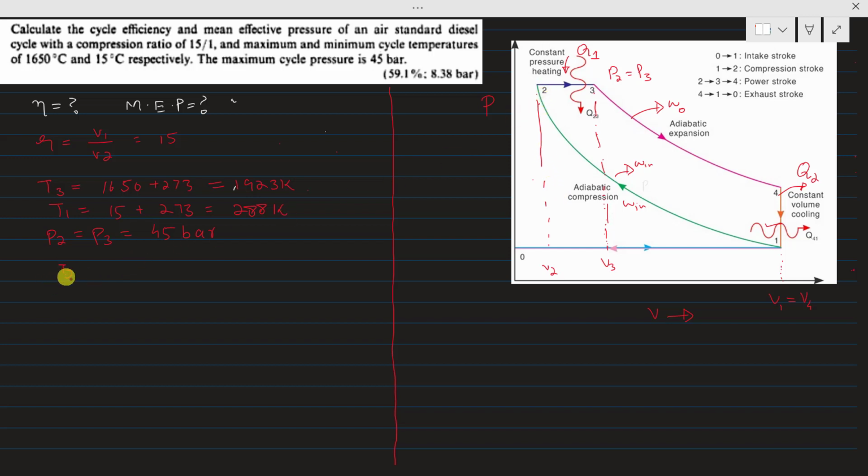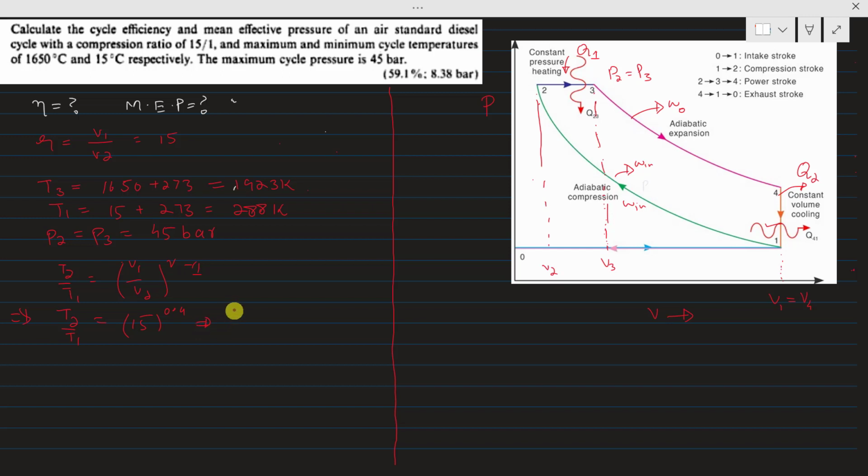So T2 divided by T1 is equal to V1 divided by V2 to the power gamma minus 1. V1 by V2 is 15, and gamma is 1.4. So 1.4 minus 1 is equal to 0.4.